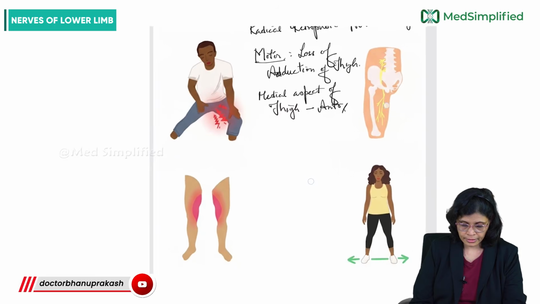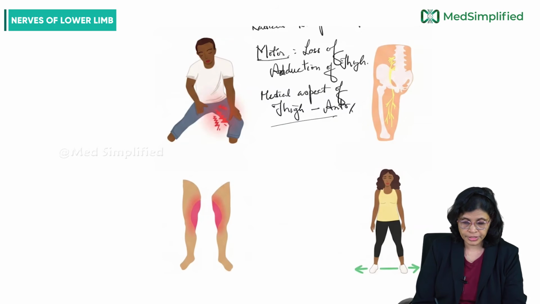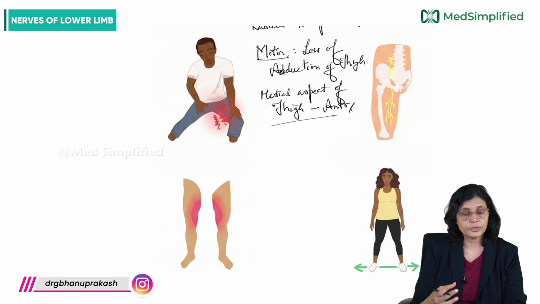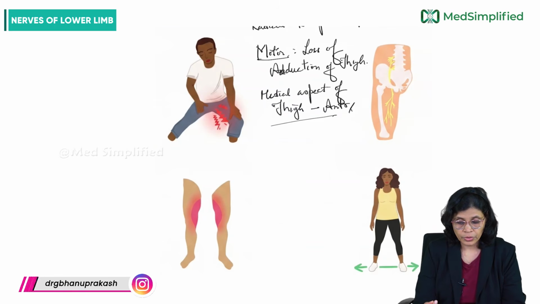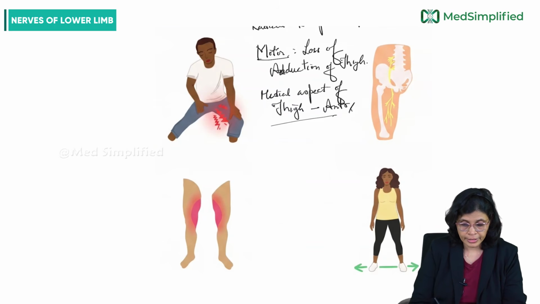Next, there is obturator nerve neuropathy. Okay, there is a condition known as obturator nerve neuropathy. Here, the obturator nerve can get entrapped. Basically, the entrapment of nerves causes neuropathy. So the obturator nerve may be entrapped, and that will lead to medial thigh pain.